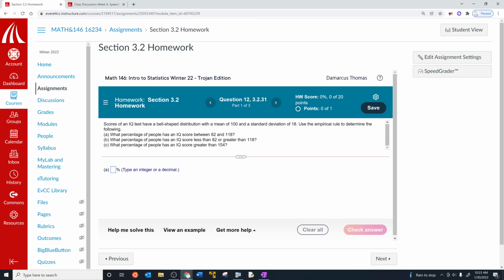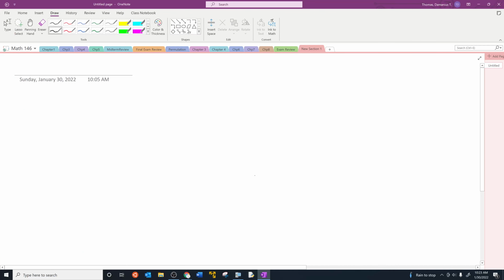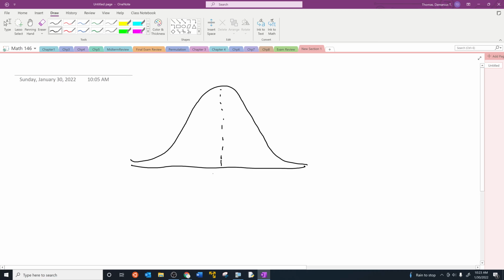Well, again, in order to solve this, let's pull up our chart here, and we're going to talk a little bit about the empirical rule. If we have that normal bell-shaped curve, the empirical rule basically states that 68% of the data will be within one standard deviation of the mean. In our case, the mean was 100, and the standard deviation was 18 points.